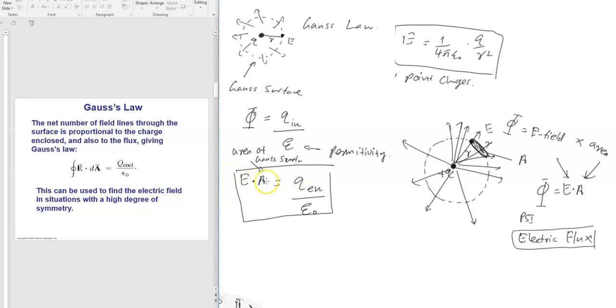Electric field times area of the Gauss surface is equal to charge inside that Gauss surface divided by epsilon naught. So if you want to find the electric field, we take A to the other side, and Q enclosed over A times epsilon naught gives us the electric field.